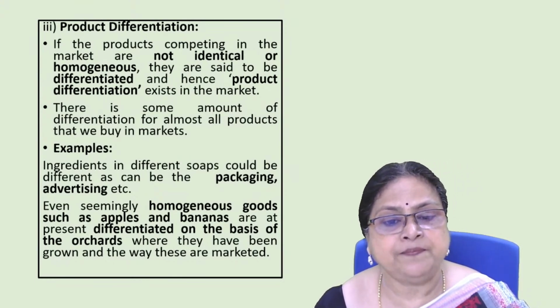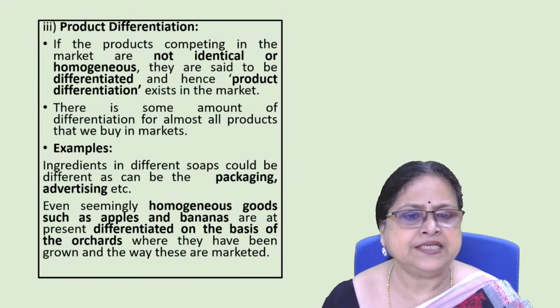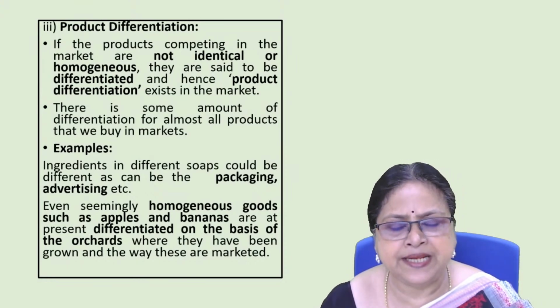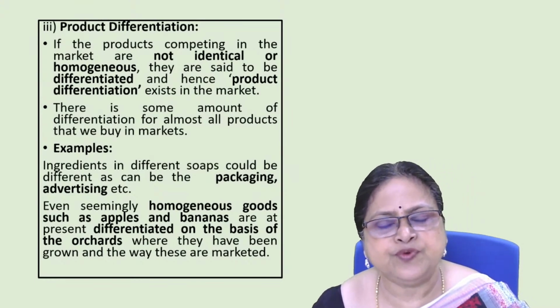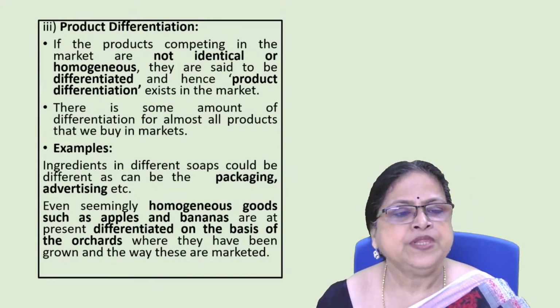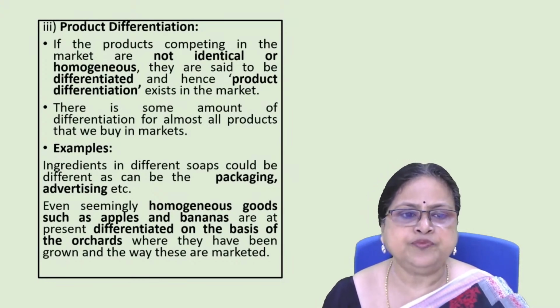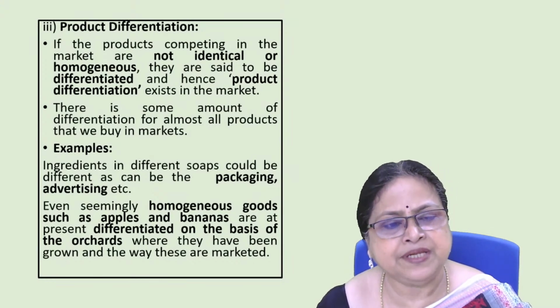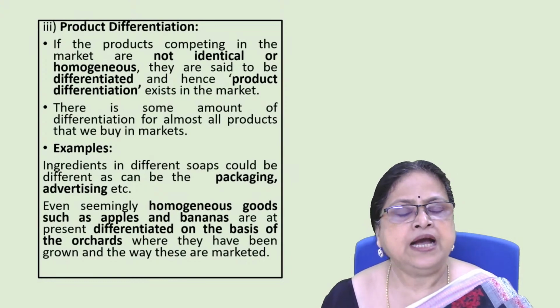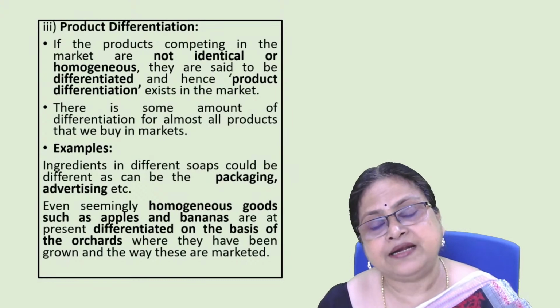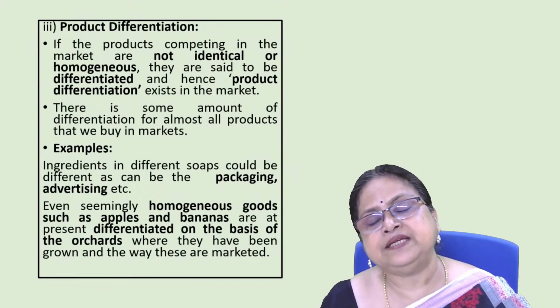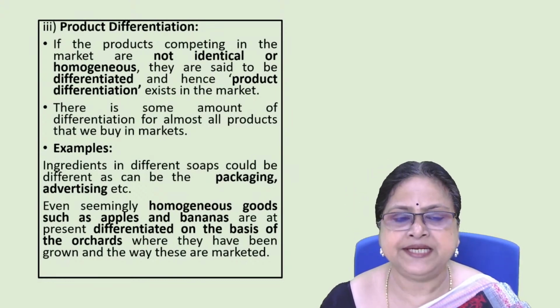It can be in terms of packages, in terms of advertising, like soap, in terms of smells, in terms of perfumes, whether it is water lily or rose, like that. So ingredients in different soaps could be different, as can be packaging and advertisement. Suppose the packaging is very attractive, then maybe the thing inside is the same, but that is a differentiated product.